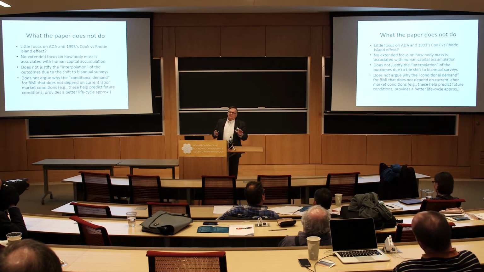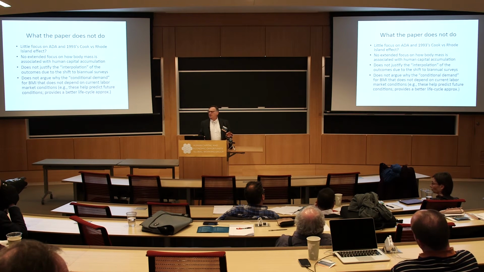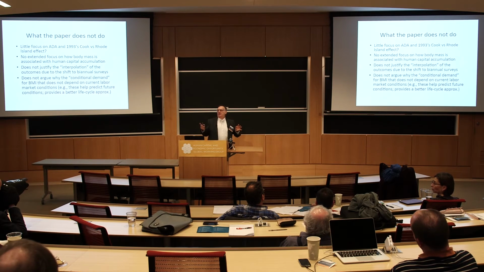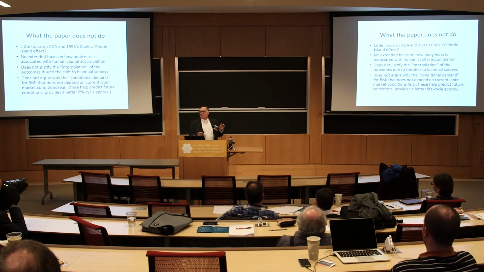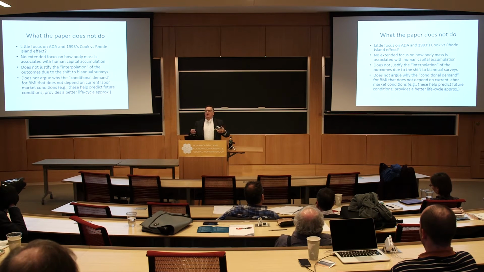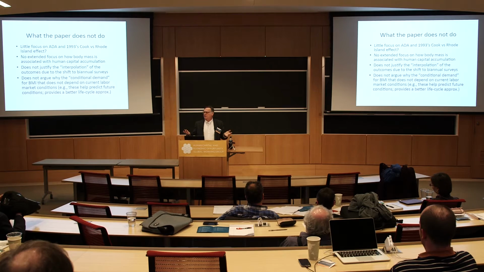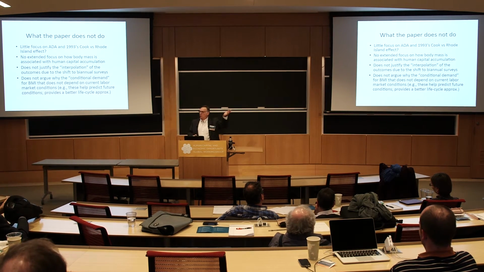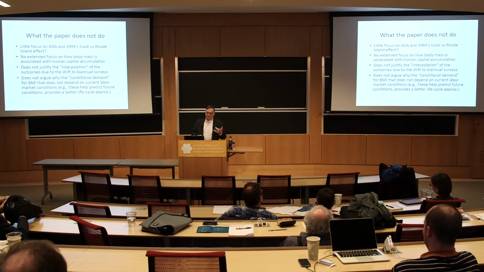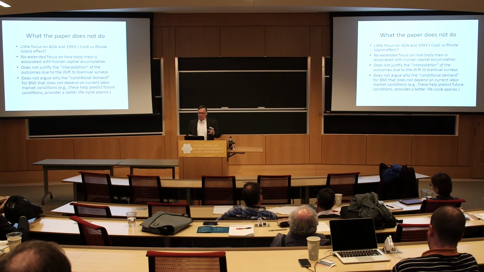I think that's a small limitation of the model, because if we thought about this in a dynamic optimization framework, I might be picking my body mass today in expectation of what's happening tomorrow, and that might be affected by using, say, first-order Markov properties, predicting what's going to be facing the household or the woman in the subsequent year. So I think that's something you want to think about.